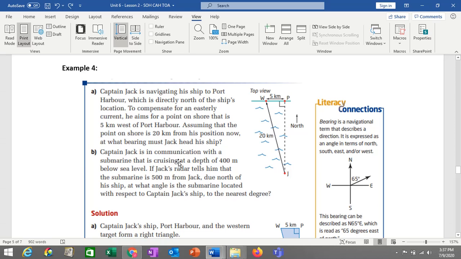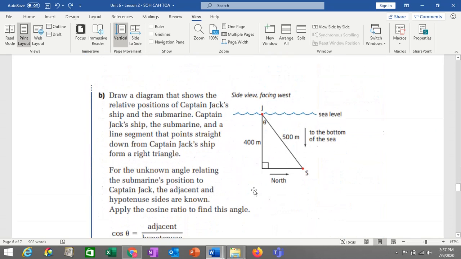Okay, so the submarine is 400 meters below sea level. Jack's ship is going to be on the sea, so they're going to be 400 meters apart as far as depth. But the submarine is 500 meters from Jack due north of his ship. So what does that look like? It'll look like that. So the submarine is 500 meters away from him, and it's 400 meters lower than him.